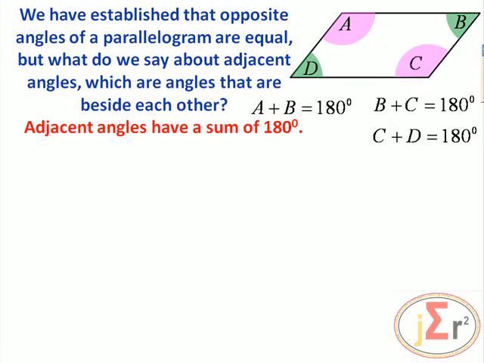C and D are adjacent also. They have a sum of 180 degrees. And finally, D and A are adjacent. They also have a sum of 180 degrees.